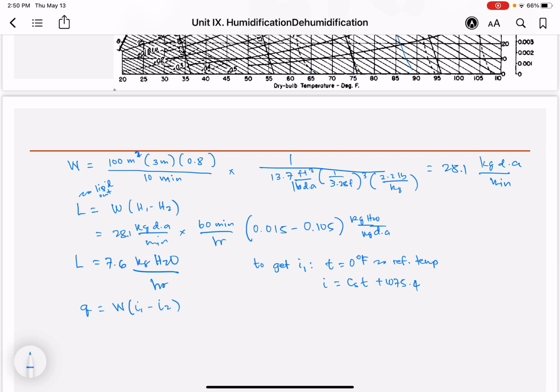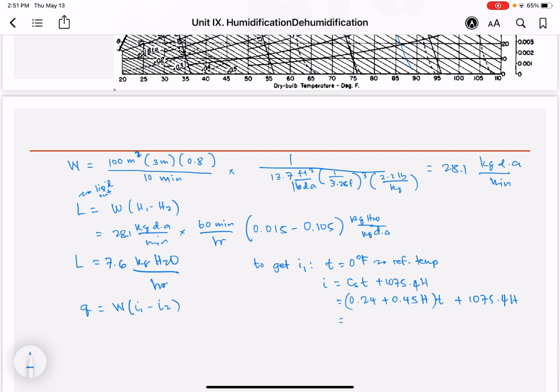Take note that your CS is also equivalent to what you have here, knowing your H. It's given as 0.24 plus 0.45 times the humidity, times the temperature, plus 1075.4 times H. Sorry for that, there's an H here.